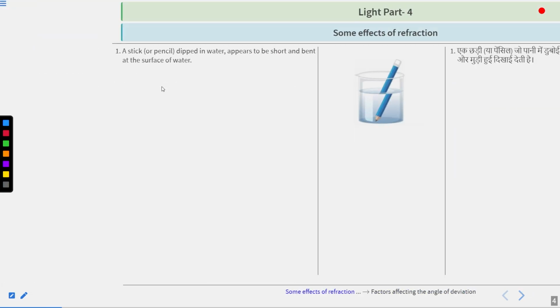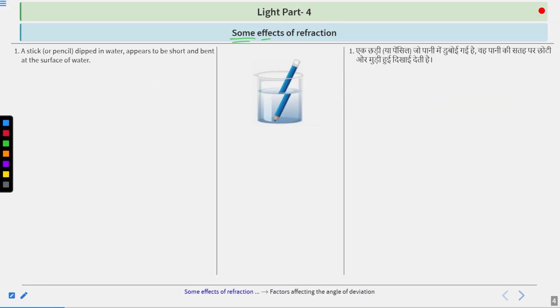Now, let's begin with the topic of some effects of refraction. We know what we mean when we say refraction. When light is coming from a lighter medium to a denser medium, or from denser to lighter, or in simple terms, from one transparent medium to another transparent medium, that is the case of refraction.